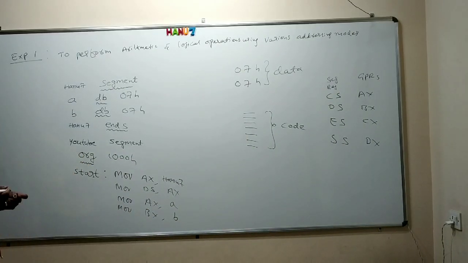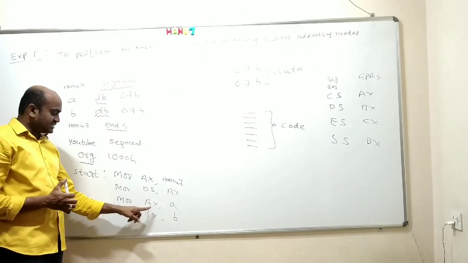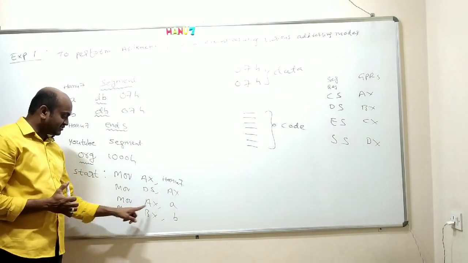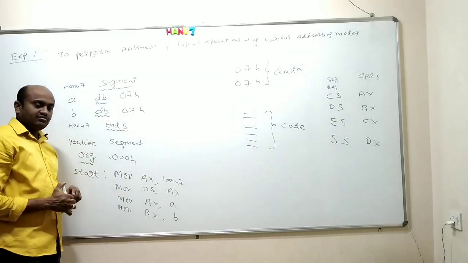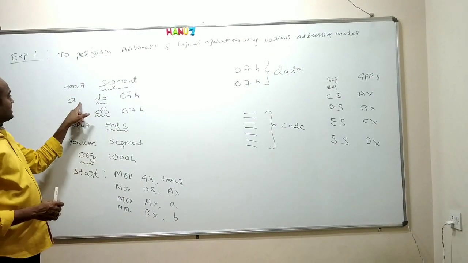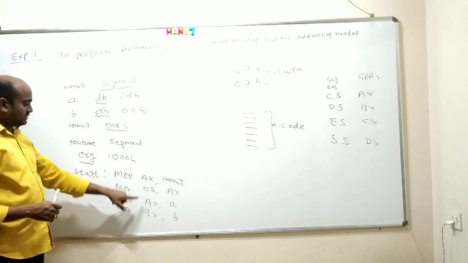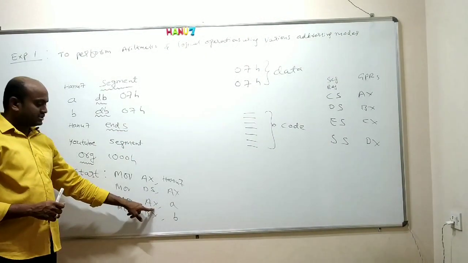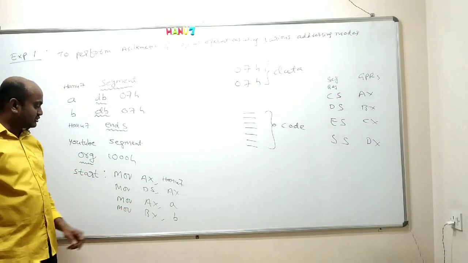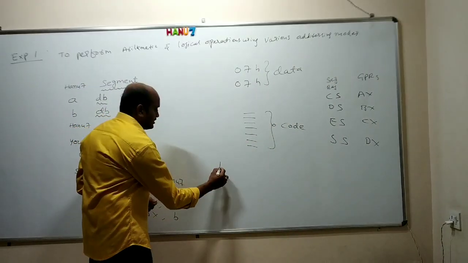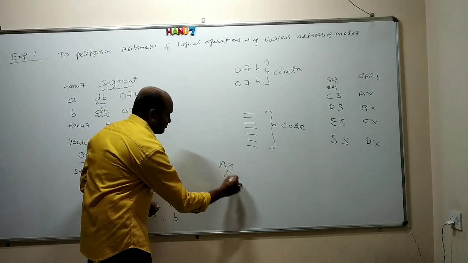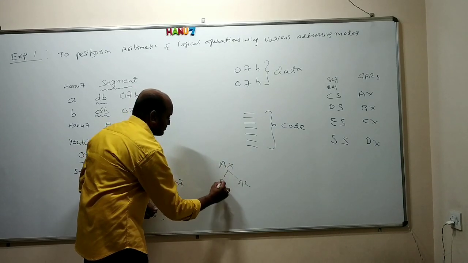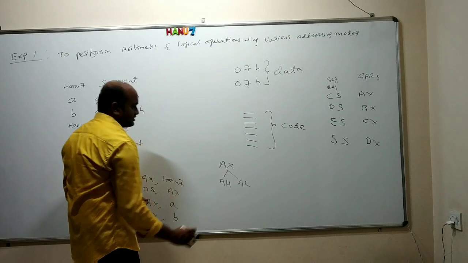But here there is a drawback. If you write a program like this, AX comma A, BX comma B, you will get an error for this statement and this statement. The error is that your A is an 8-bit number. I am trying to send that 8-bit number into a 16-bit register. So this is not a good practice. What we have to do is take AX, which is divided into two parts, AL and AH, both of 8 bits.